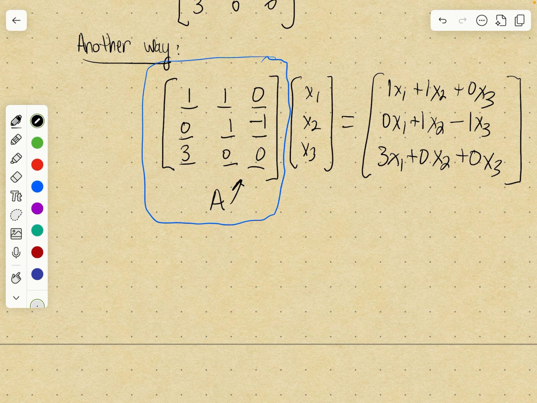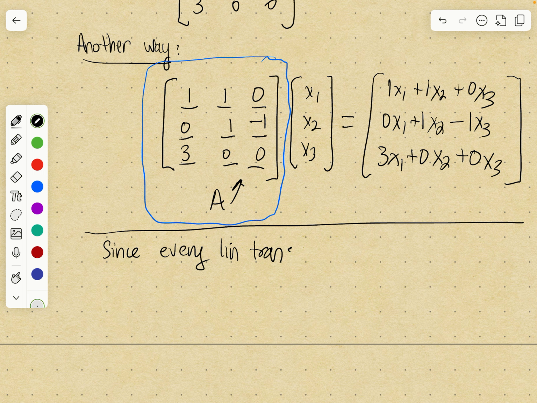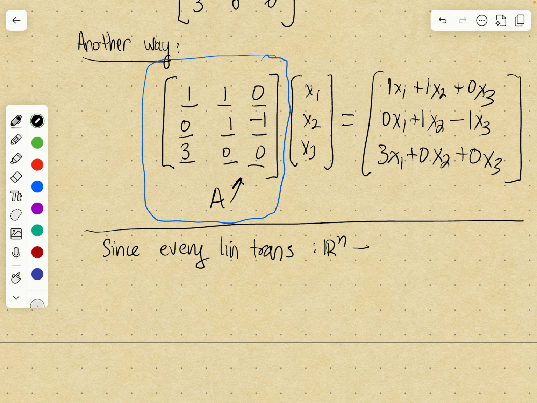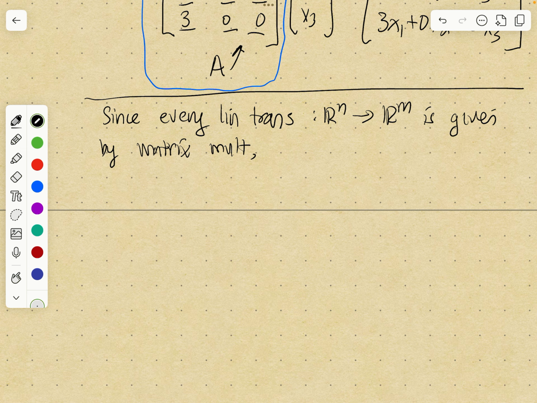And now we see that since every linear transformation from Rn to Rm is given by matrix multiplication, let's say that our matrix of a linear transformation is A, and we have this general matrix A11 through A1n, down to Am1 through Amn.